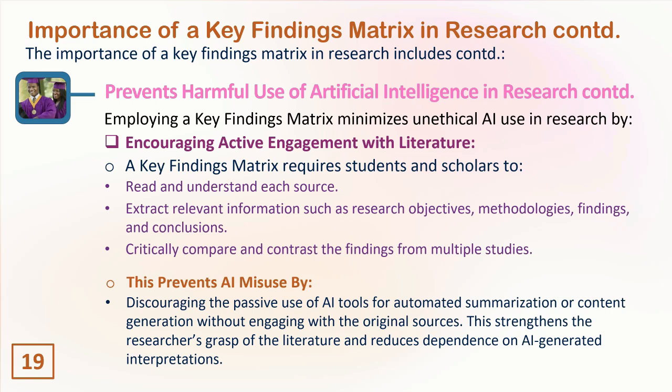This prevents AI misuse by discouraging the passive use of AI tools for automated summarization or content generation without engaging with the original sources. This strengthens researchers' grasp of the literature and reduces dependence on AI-generated interpretations.